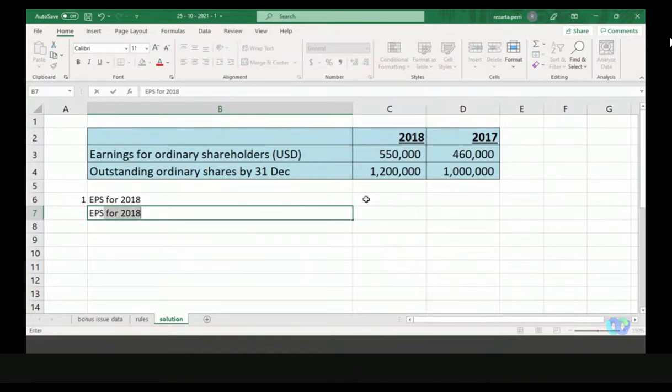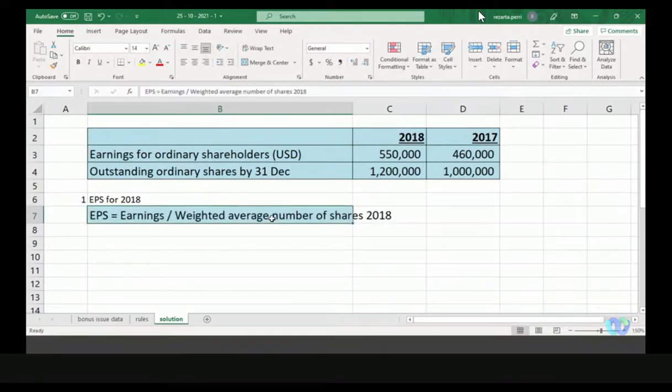So earnings per share is equal to earnings that are attributable, as we said, to the common shareholders, just a small title over there, earnings amount, divided by the weighted average number of shares for 2018. That is the formula that we have here.